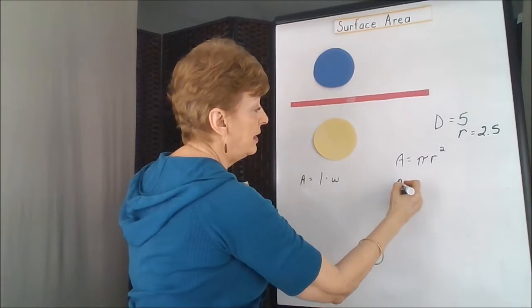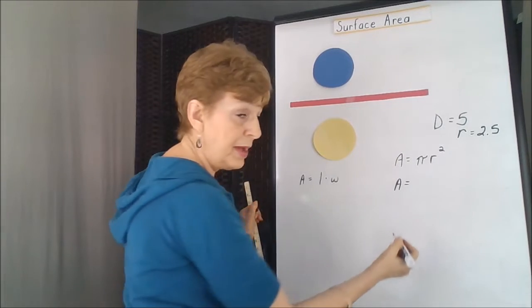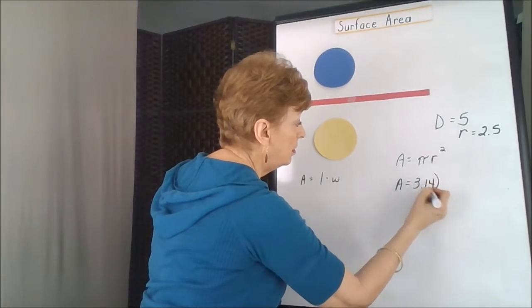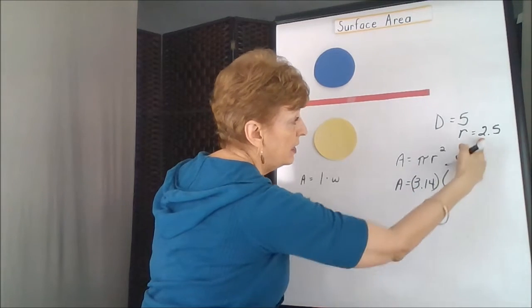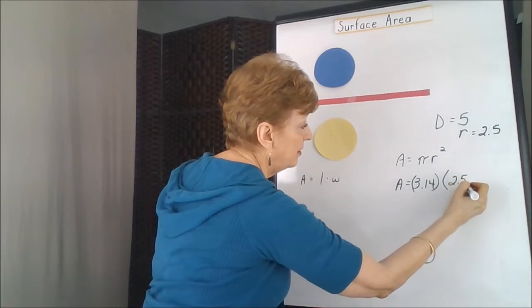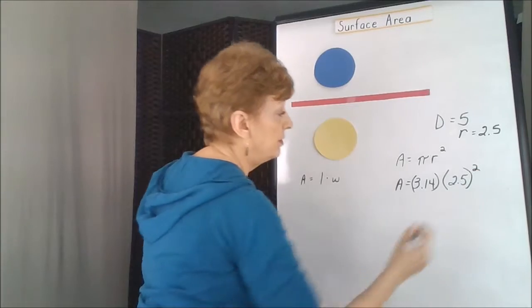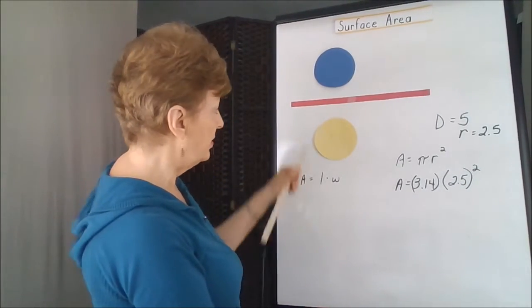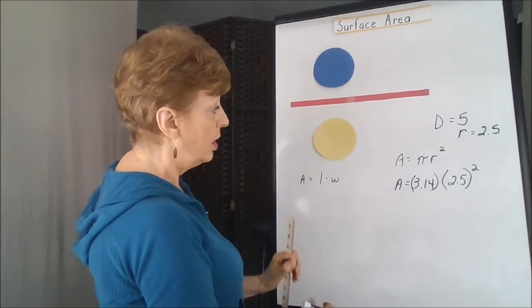So area is equal to our pi number, 3.14, times 2.5 squared. Those are the numbers for the area for the two circles.